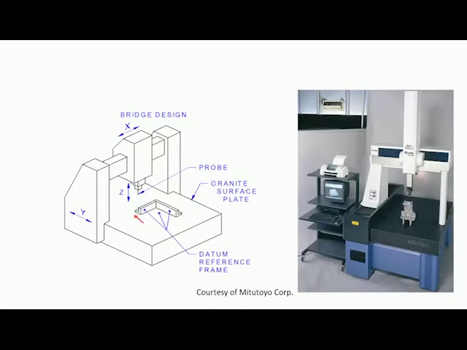So, we have a granite surface plate which will act as the primary datum surface, and we can also have secondary or tertiary reference planes as and when needed. So, there is a dedicated computer for analyzing the various points and to find out the geometrical form errors.